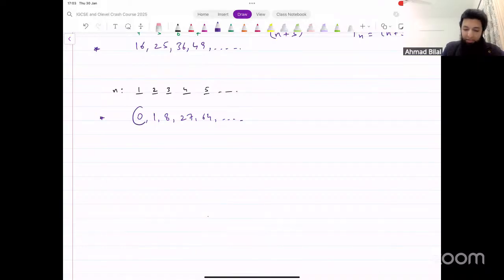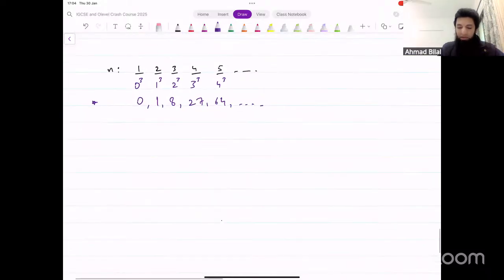How do you describe these terms? These are cubic numbers. So the first number is 0 cube. The second is 1 cube. Then you have 2 cube. Then 3 cube. Then you have 4 cube. You notice the pattern? If the number here was n, what are we doing for each term? If it's the first number, we are subtracting 1 from that to get 0 and then finding the cube of that. For the third value, we're subtracting 1 from 3 and then taking the cube of that.